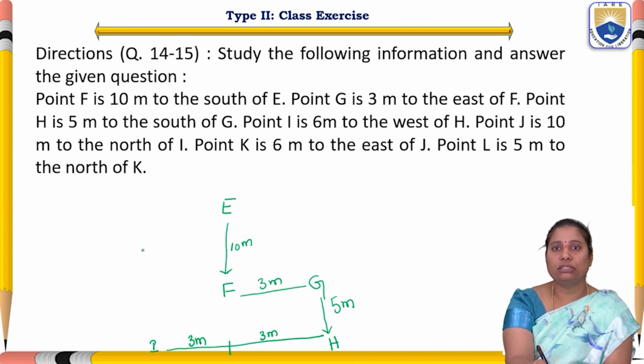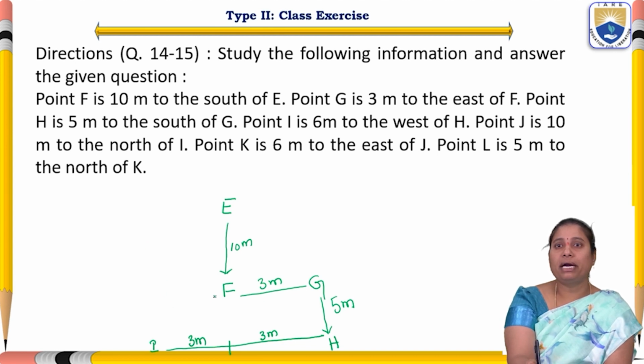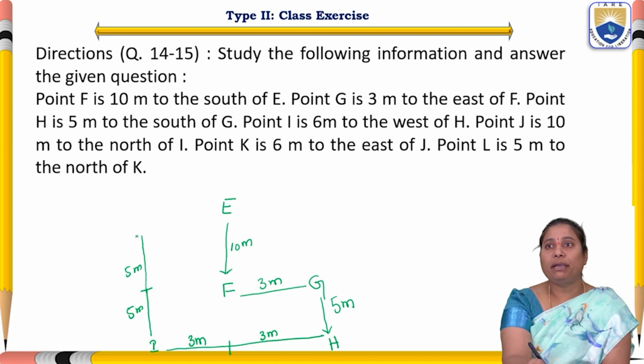So from here we have to take, and parallel up to F it is 5 meters. And it is 10 meters, so above that it is 5 meters and 5 meters, a total of 10 meters.